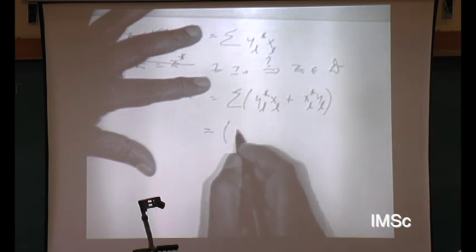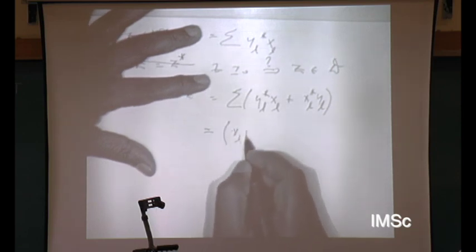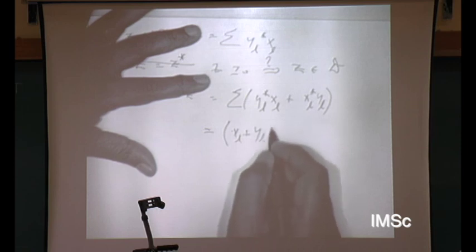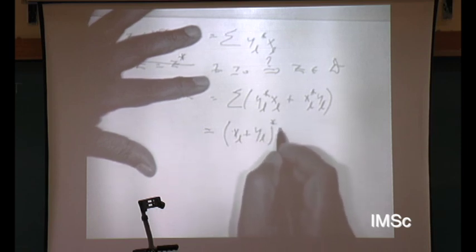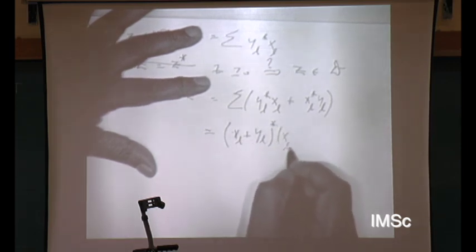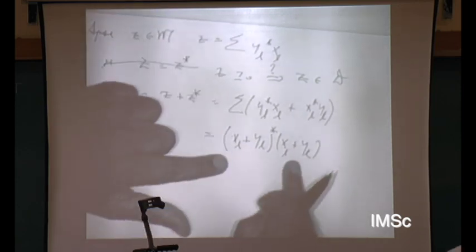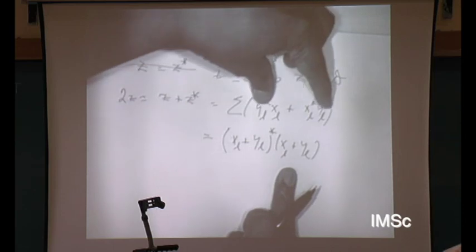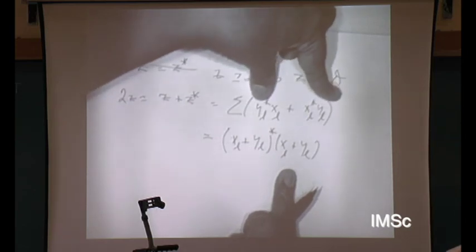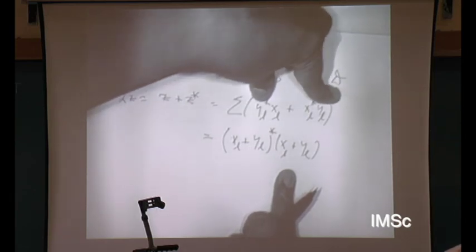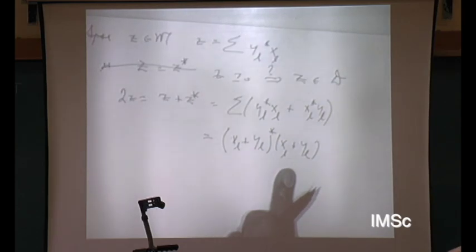Let me take (X_L plus Y_L) star (X_L plus Y_L). So what will I get? These are the cross terms. Remaining will be X_L star X_L plus Y_L star Y_L.